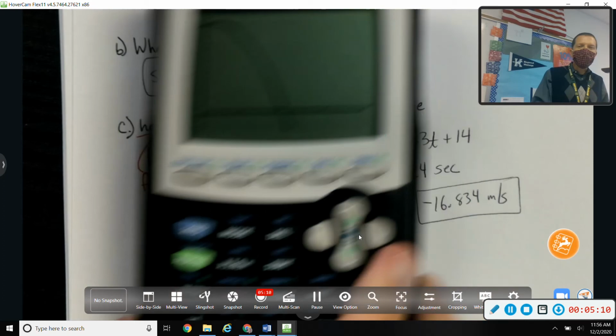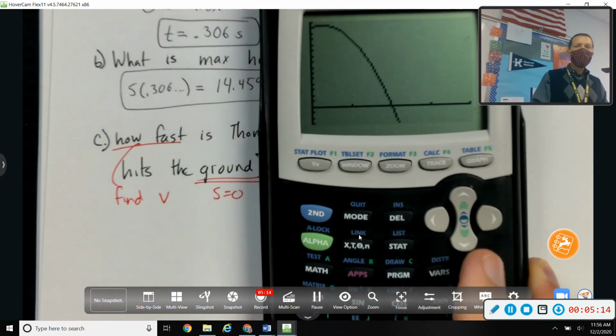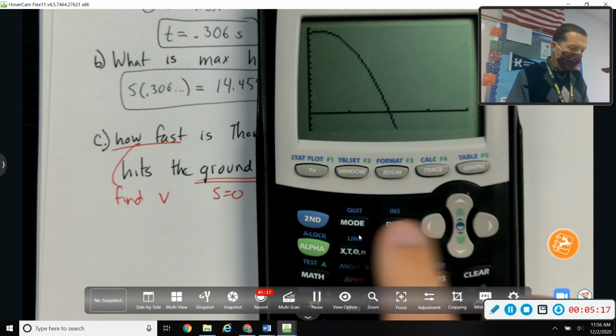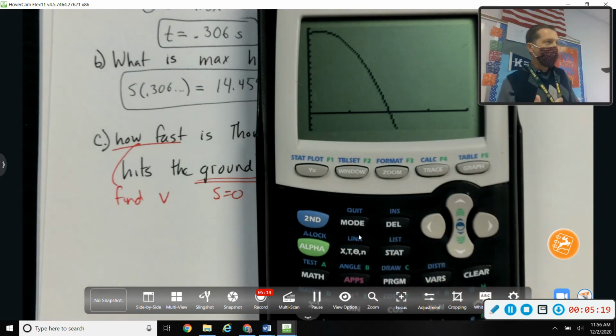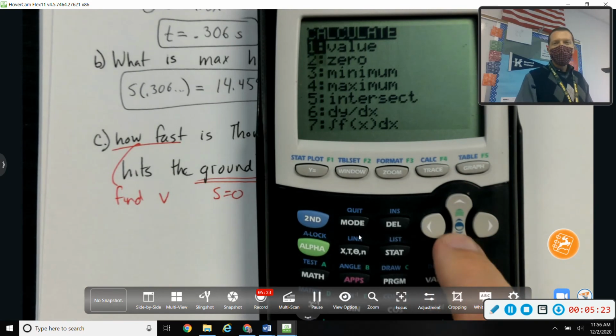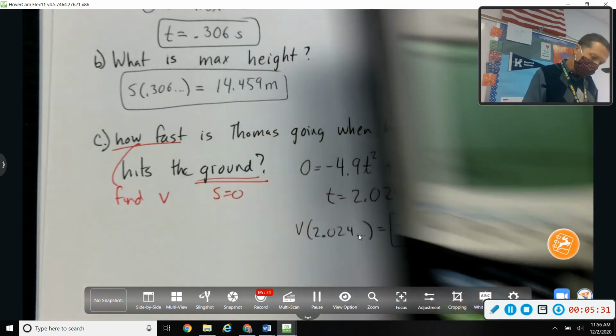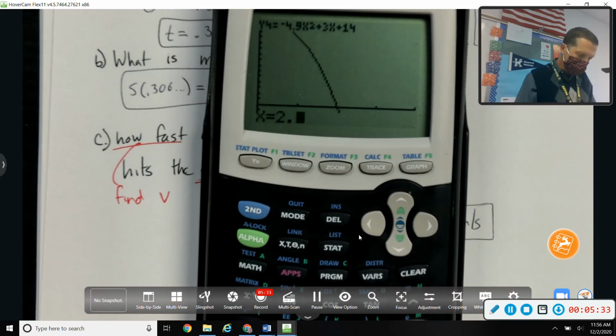One more thing that I don't know that we've done in here, and you don't ever have to do this, but it's a nice check. Your calculator can find derivatives at certain spots. So second calc, value, zero, minimum, maximum, dy/dx. Well, that's what I want. I want the derivative at 2.024.